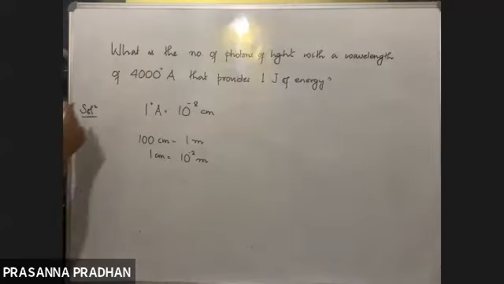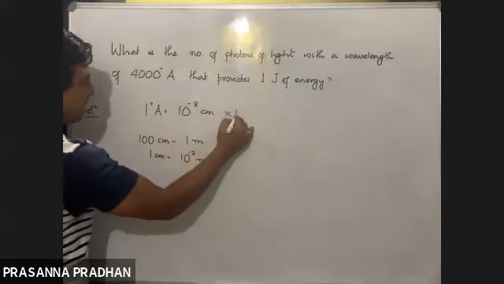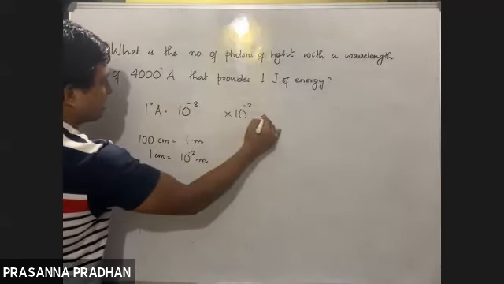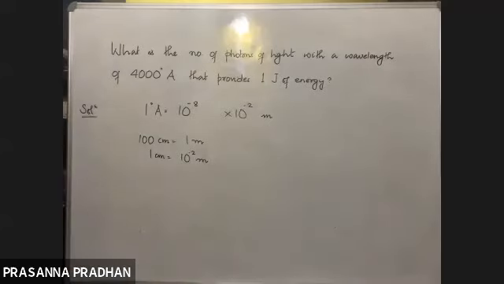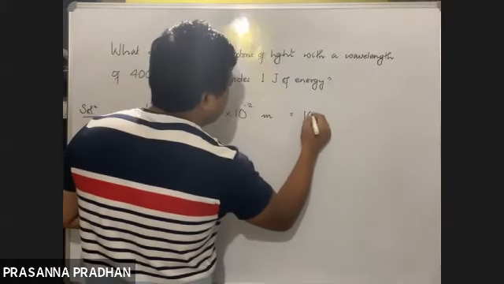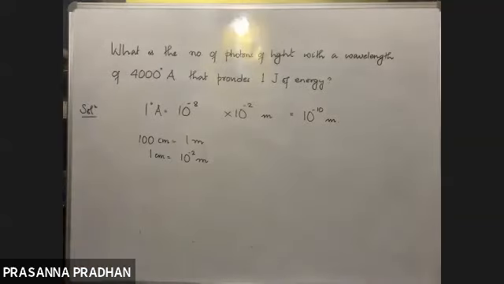So in order to convert centimeter into meter, you have to multiply by 10 to the power minus 2. As soon as you multiply by 10 to the power minus 2, this will become meter. So 1 Angstrom equals 10 to the power minus 10 meter.